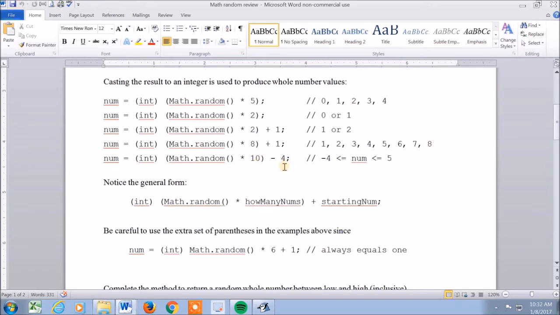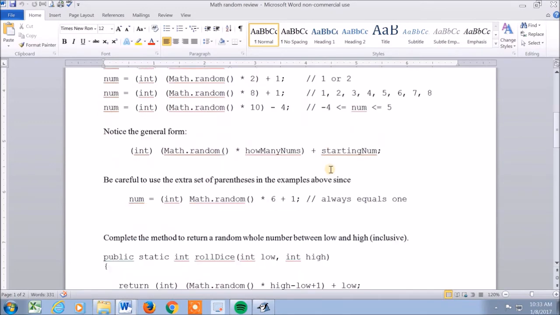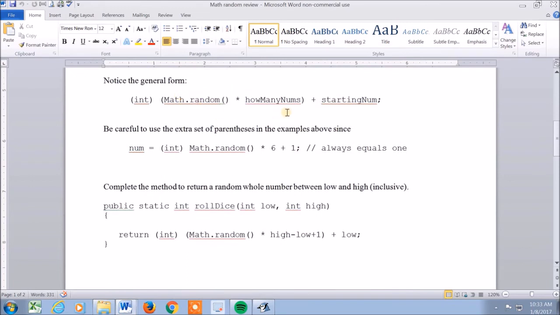And I'm subtracting 4, so my starting value is -4, and it goes from -4 up to 5, which in fact is 10 possible random numbers. So the general pattern is you multiply by something, which tells you how many random numbers you're going to end up with. You cast it to an integer, and then you add a starting value.